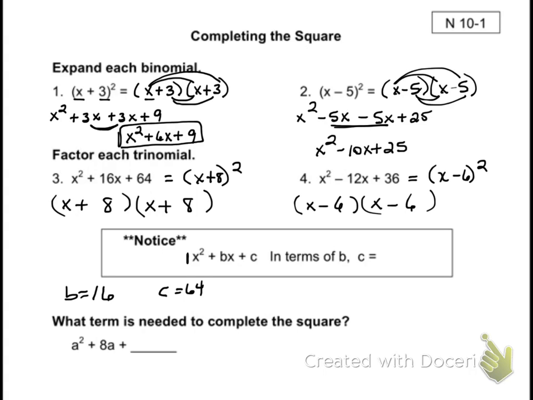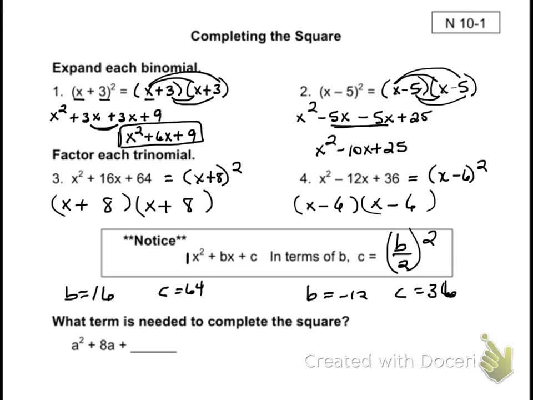And in our second problem, b is negative 12 and c is 36. I want you to notice that if I took b and divided it by 2 and then squared it, I would end up with c.